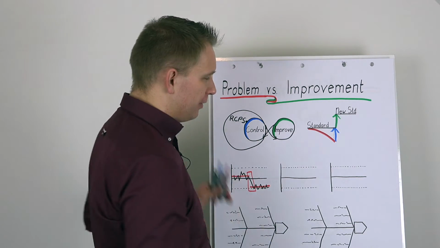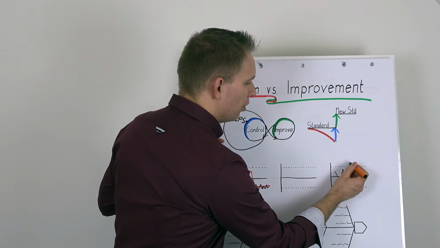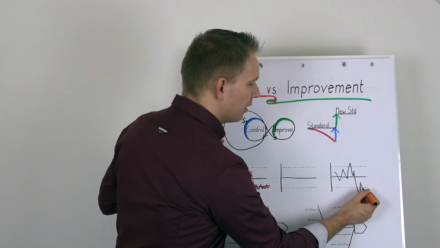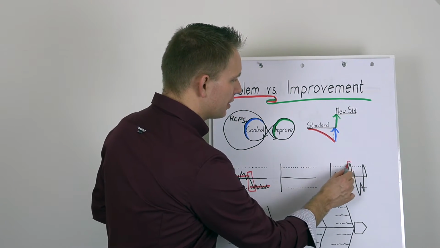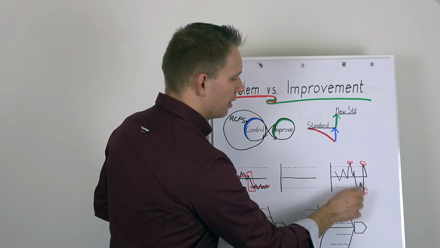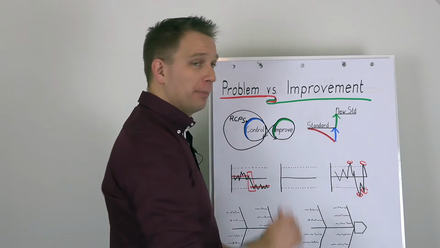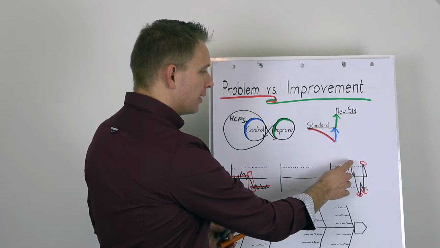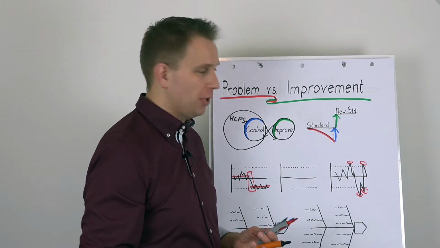More or less on the other end of the spectrum, you've got a process that is already not very good to start with. So you've got many points that are outside your control limits. The first time this happens, some people might say that there has been a shift in your process.